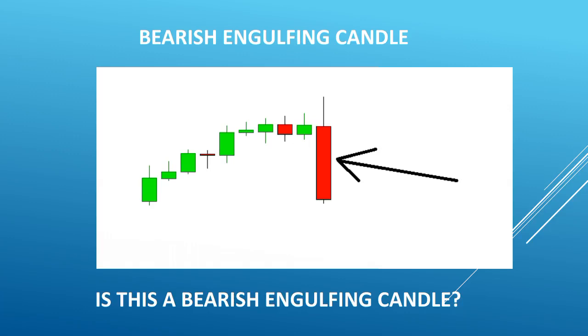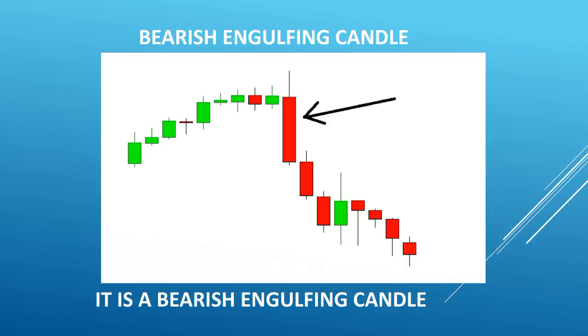Now the question is: is this a bearish engulfing candle? Yes, it is a bearish engulfing candle. And we can see what happened. Price went down and there was a collapse and a complete reversal of the bullish trend.